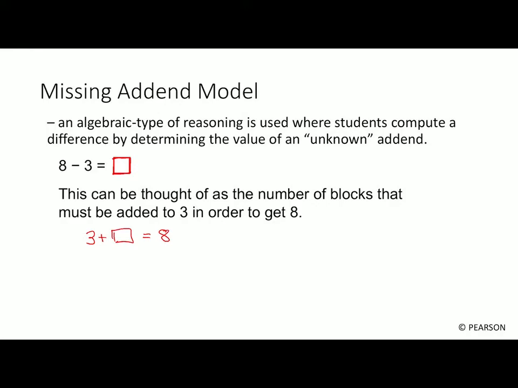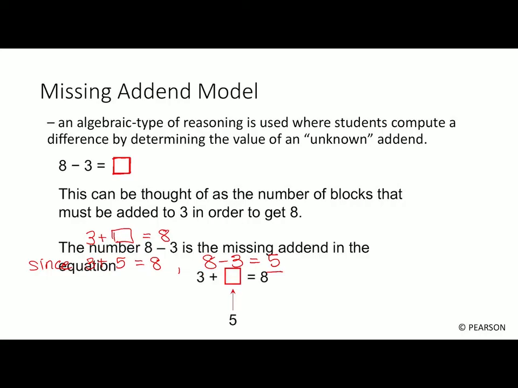And because kids usually master addition first, this might be an easier way for them to think about the problem. So since they know that 3 plus 5 is 8, then they can say 8 minus 3 must be equal to 5. All right, so that's the missing add-in model, and I've written over top of that.